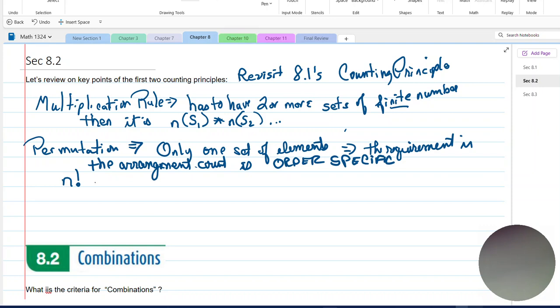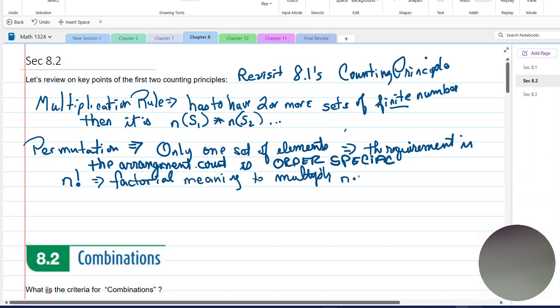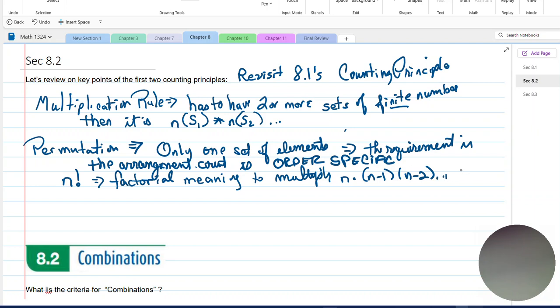And this asterisk makes it a factorial, meaning to multiply n times n minus 1, because it's one number less than n, and then n minus 2, till we get to only 1. And that means you multiply all descending numbers starting with the first one.